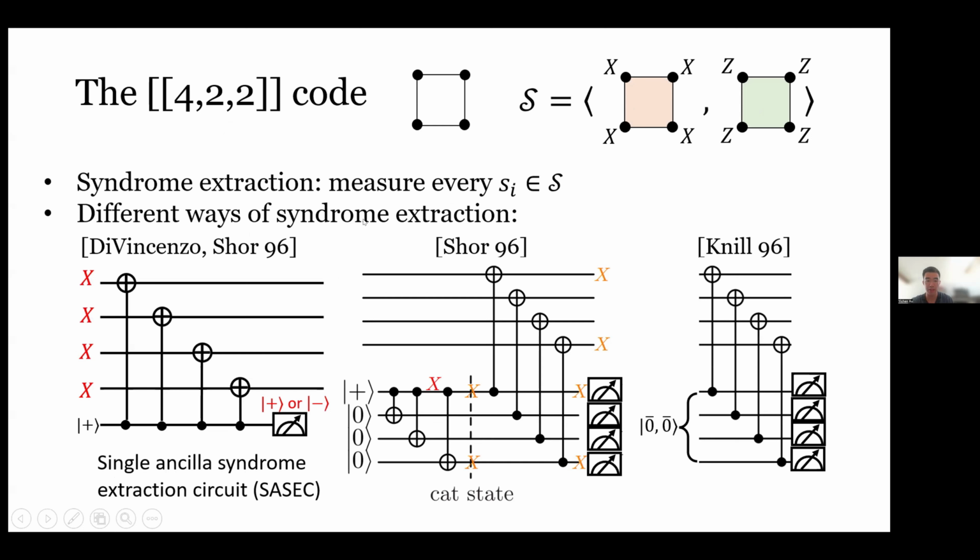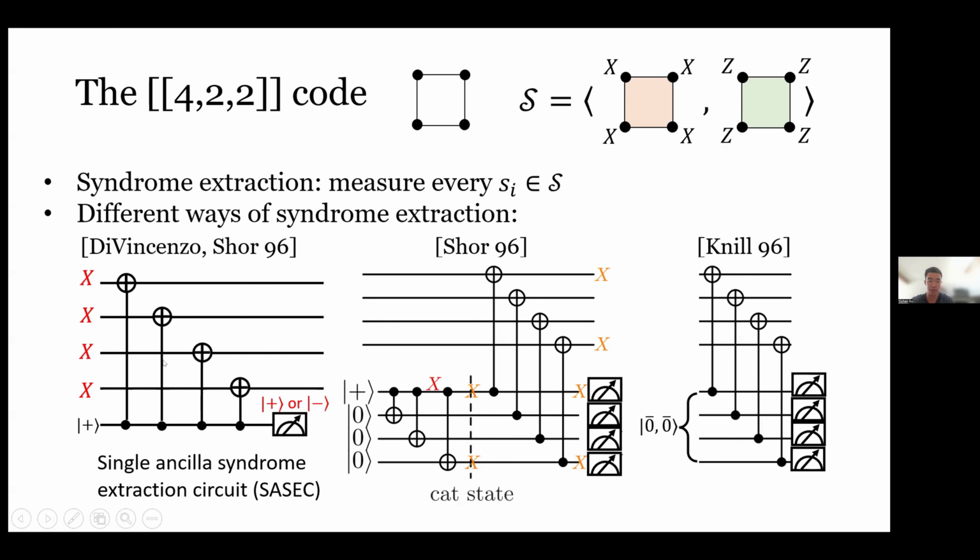There are different, historical ways that people can perform these measurements. There are 3 examples that I show on the slide. There is the single ancilla way, which is widely used in experiments nowadays. What you do is you introduce an ancilla. For example, if you want to measure the product of 4 X's, you introduce an ancilla initialized in plus.